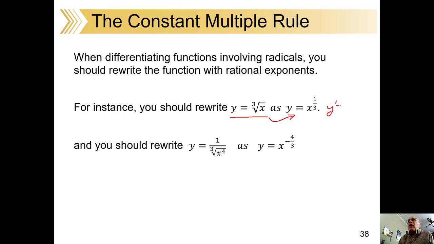So what's y prime? Bring that 1/3 out front. x. Now, what's the exponent of the x? Very simple. Subtract 1 from that 1/3. Subtract 1 from 1/3. You get negative 2/3.